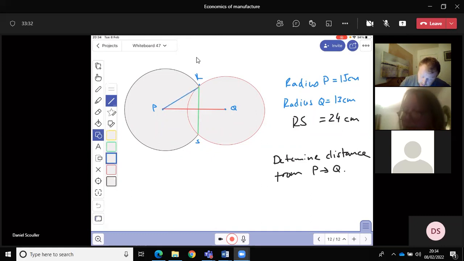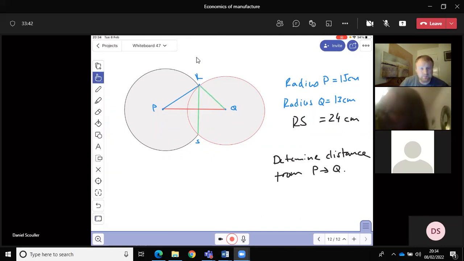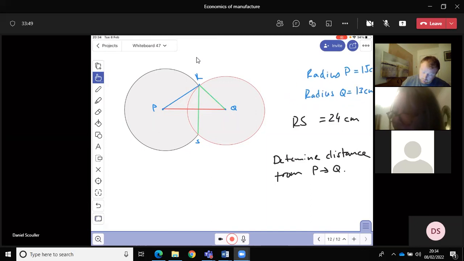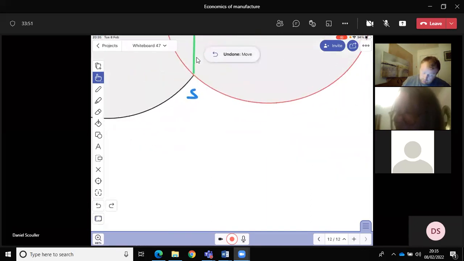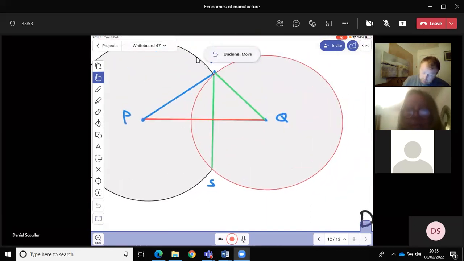So P to R, the radius. Okay, we also know the radius Q to R. Okay, what we've established there is two right angle triangles, one on the left hand side, one on the right hand side.